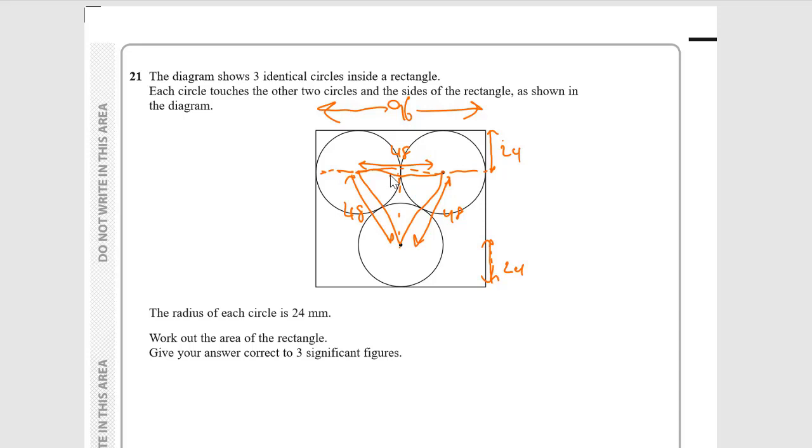We have a right angle at this point here, and this is x. So you can say 48 squared equals 24 squared plus x squared. So again, to figure out the height, we use Pythagoras, because we have a right angle.